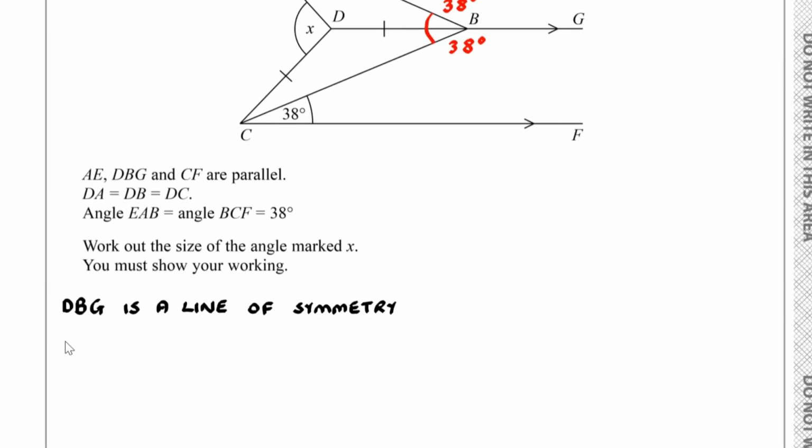So we've got ABD, which is equal to the angle CBD, which is equal to 38 degrees, and the reason for that is because we've got alternate angles.